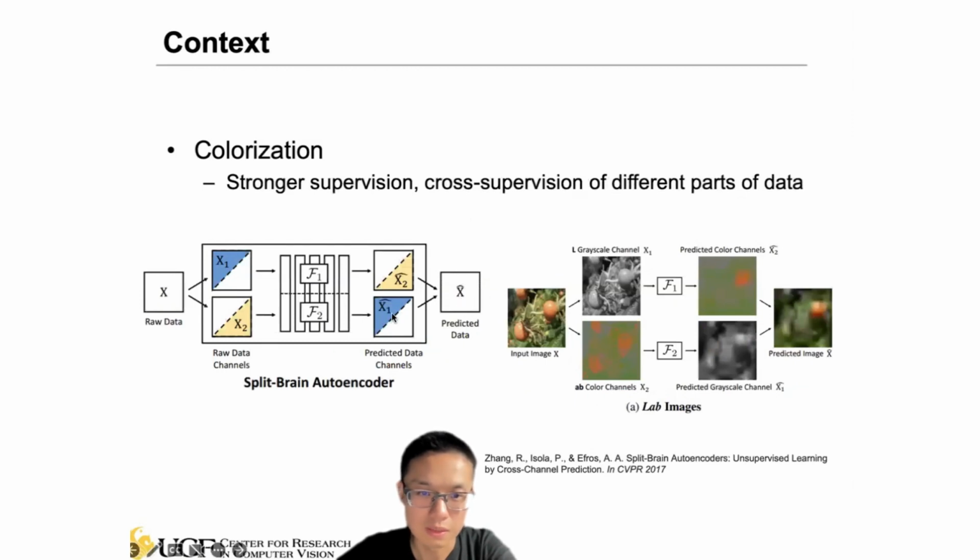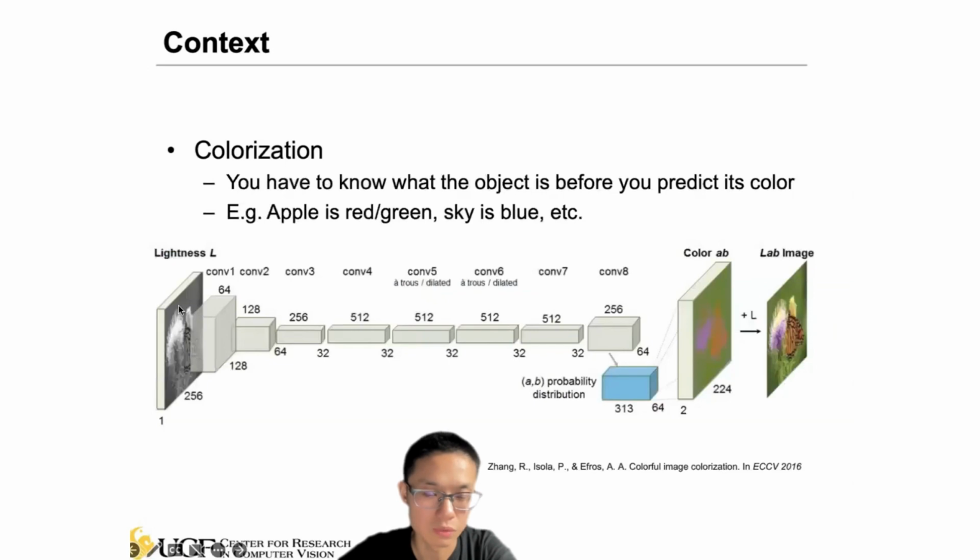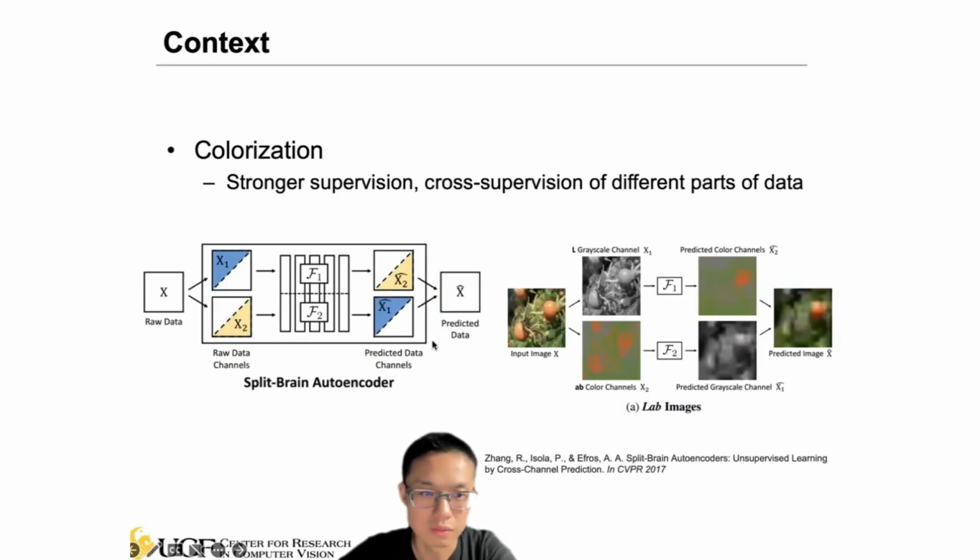This is an improved version. Rather than just inputting a grayscale image, going through this network and predicting the color, here they do a kind of split brain. They call it the split-brain autoencoder. Basically you have the input image, which is color, and then you can decouple the texture and the color information. You separate this image into a grayscale component and the color component.